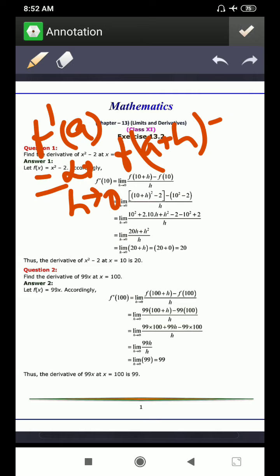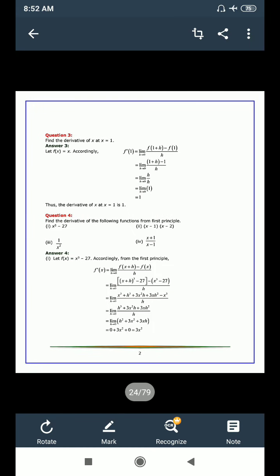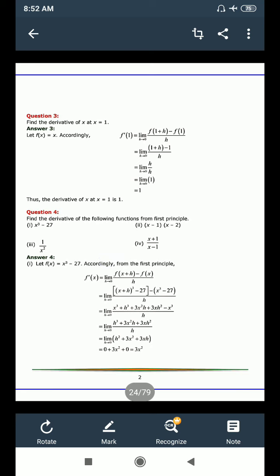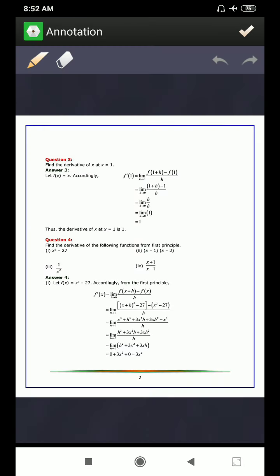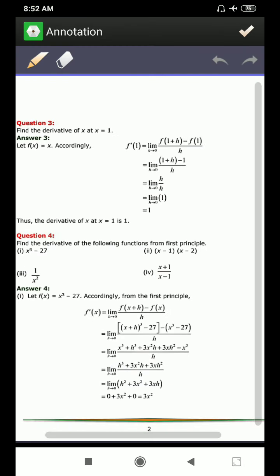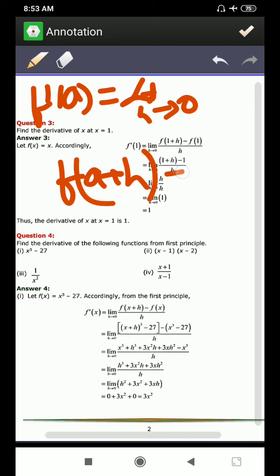Okay, we'll move ahead. Now see question number 3. You have to find the derivative of x at x equal to 1. So again what we'll do, you have to write the formula. So now what is the formula? We know that f dash a equals limit h tends to 0, f of a plus h. Always write it as f of a plus h minus f of a divided by h.